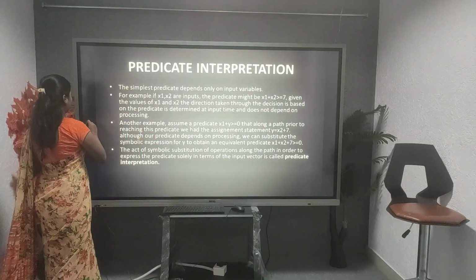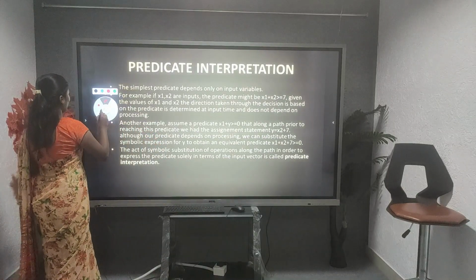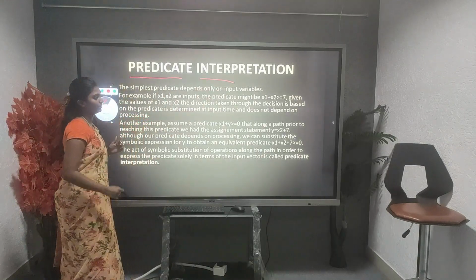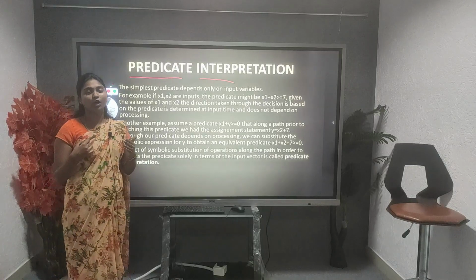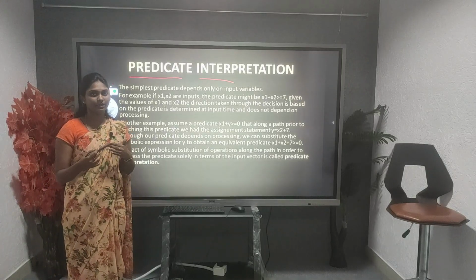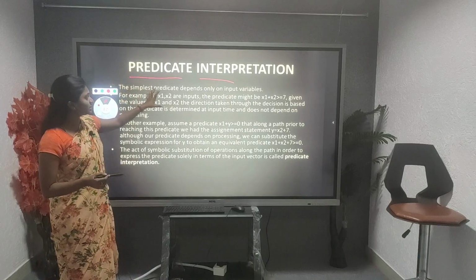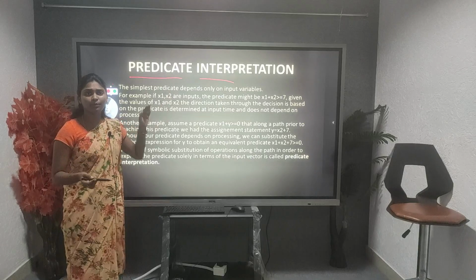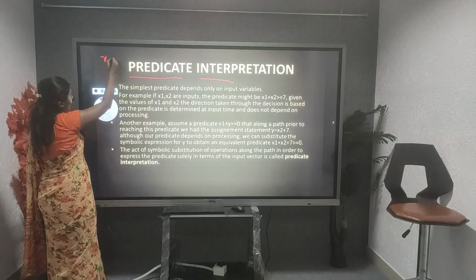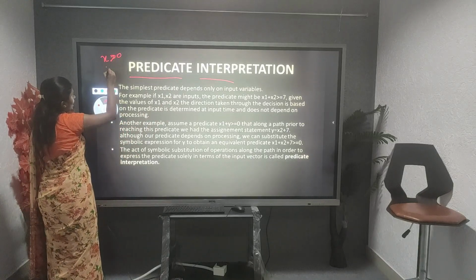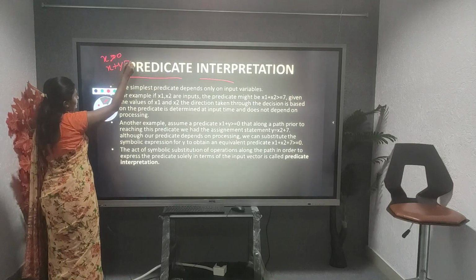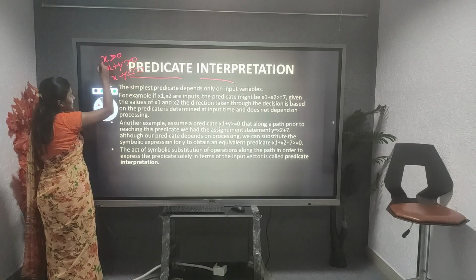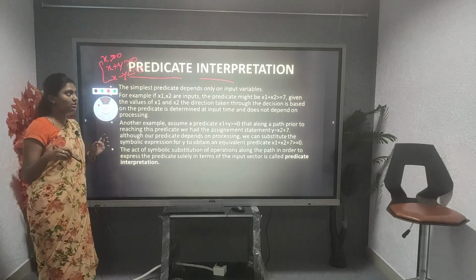Next I am talking about predicate interpretation. Interpretation is the correlation between the variables. This is the simplest predicate, dependent only on the input variables. What are the input variables? Suppose I give x greater than 0, x plus y greater than 0, x minus y less than 0. These are the different variable functions I am taking.